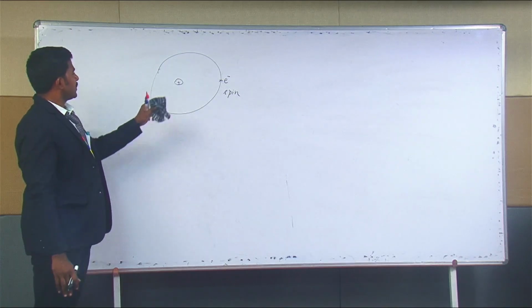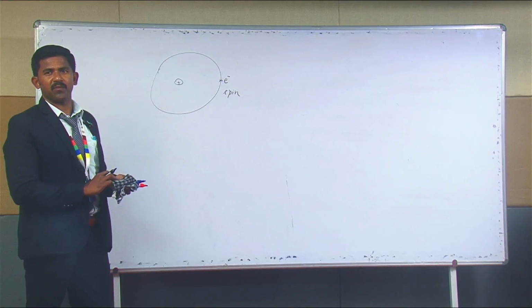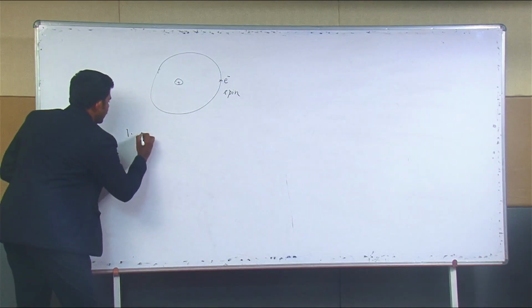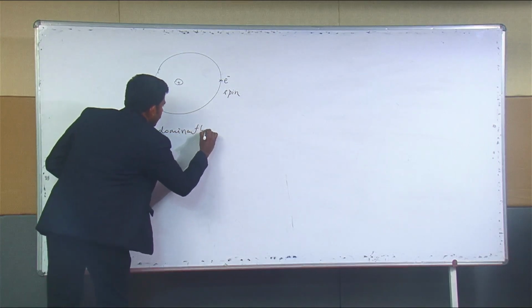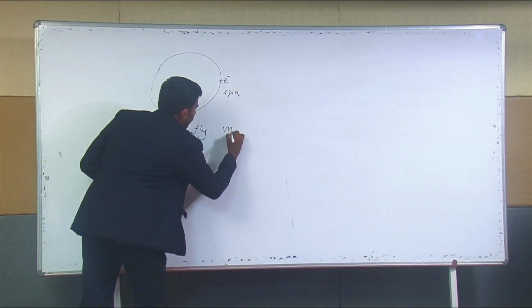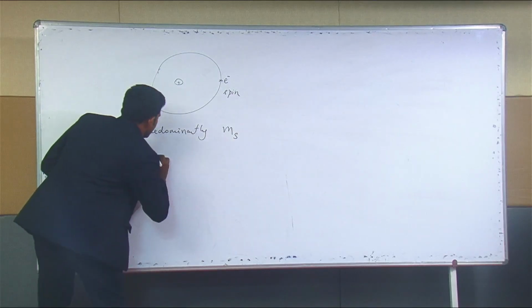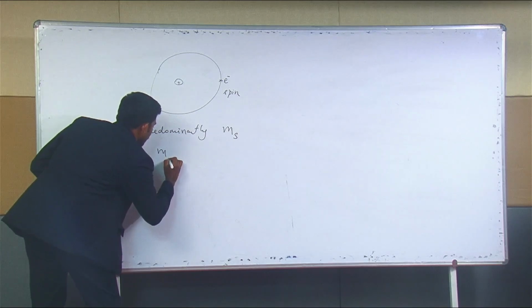In the nucleus also there is a magnetic moment, but it is very, very small and negligible. So predominantly the magnetic moment is from the spin, and to some extent we can take the orbital.